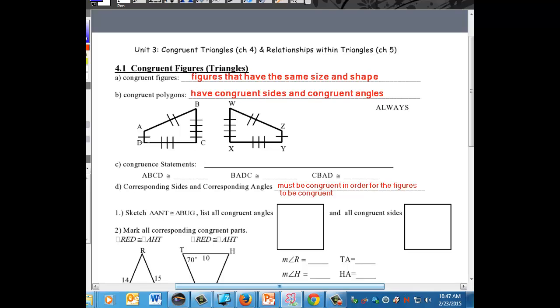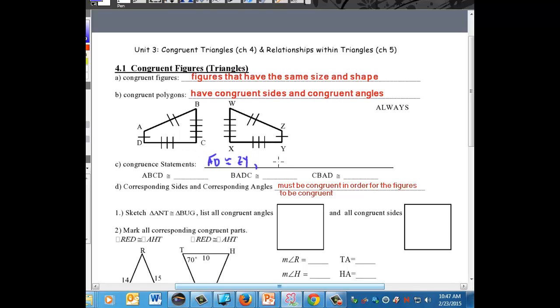And so what we can tell just by looking at our diagram and what's given to us is that when you see this one mark and one mark, that means that we can say that AD is congruent and equal to ZY. And we are shown that with one mark and one mark.